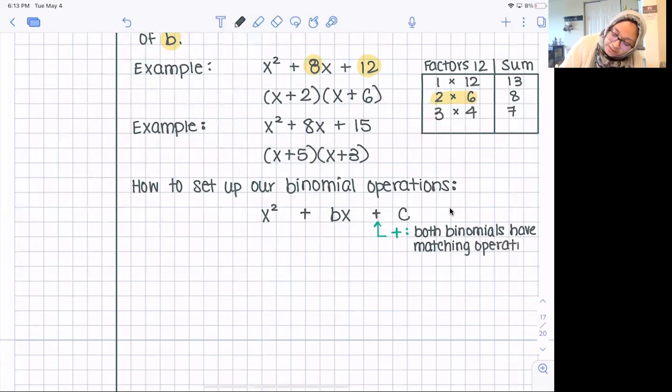Okay, if this is plus, both binomials have matching operations. So either they're both x plus something, or they're both x minus something. All right.